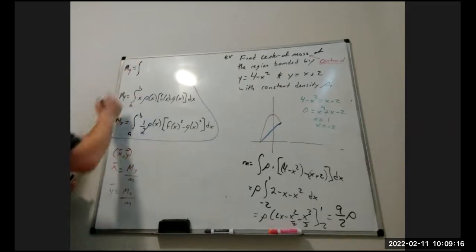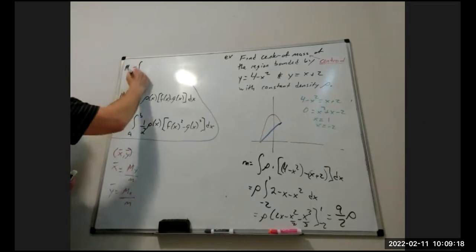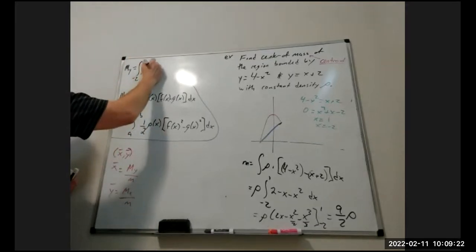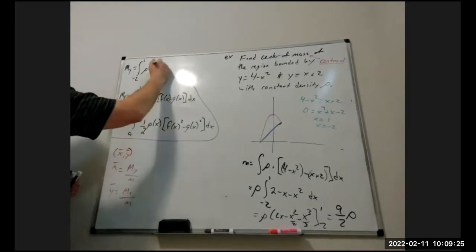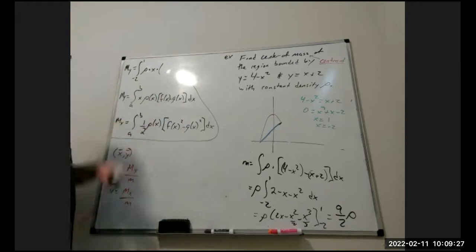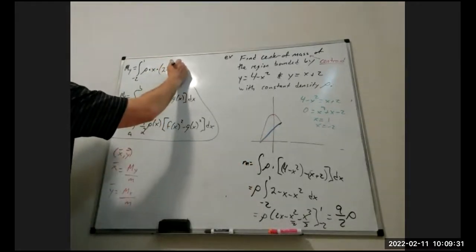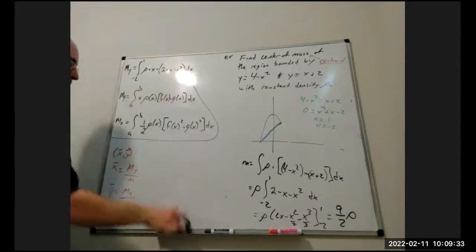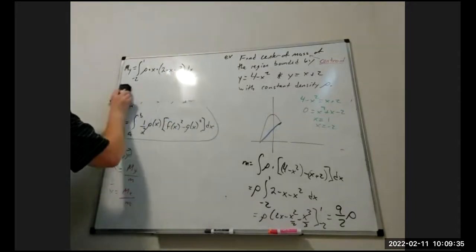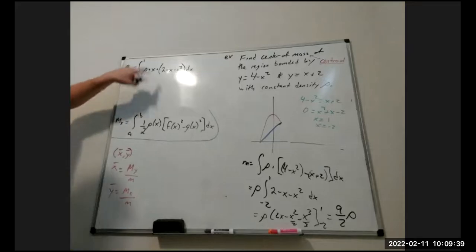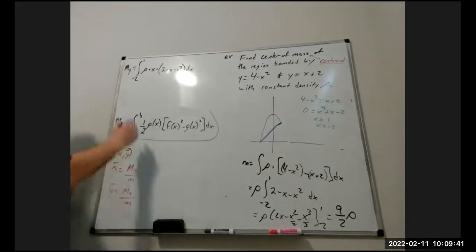Again, it's going to be an integral from -2 to 1. We're going to have rho times x times the difference in those two functions, which again was 2 minus x squared. Okay, so we're just using the fact that it's rho times x times that stuff.